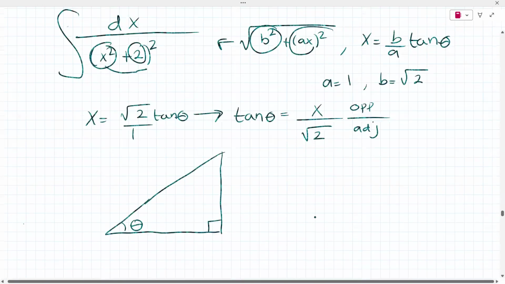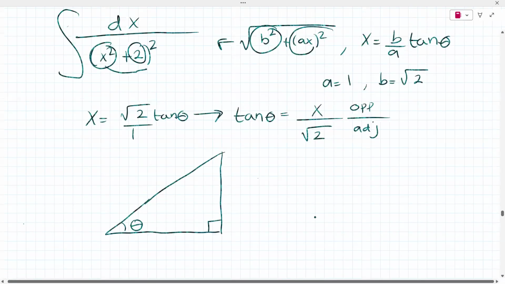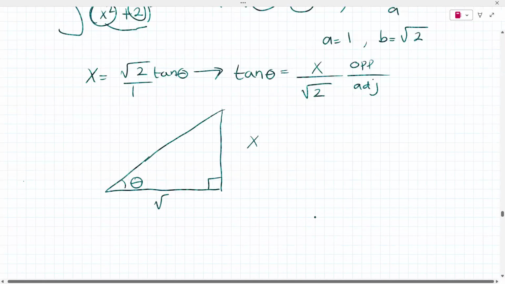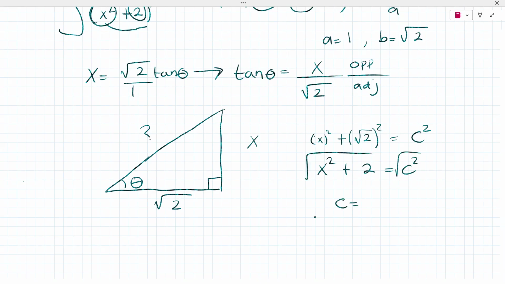So if tan is x over radical 2, that means this would be x, and then the adjacent side is radical 2. Now I'm going to find the hypotenuse by doing Pythagorean theorem. So it's x squared plus radical 2 squared equals c squared. So x squared plus 2 equals c squared. Solve for c by taking the square root of both sides. C is the square root of x squared plus 2.